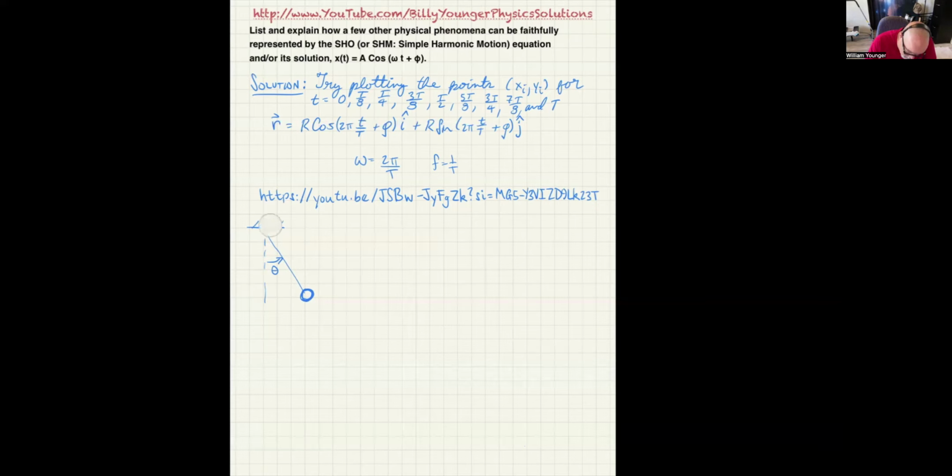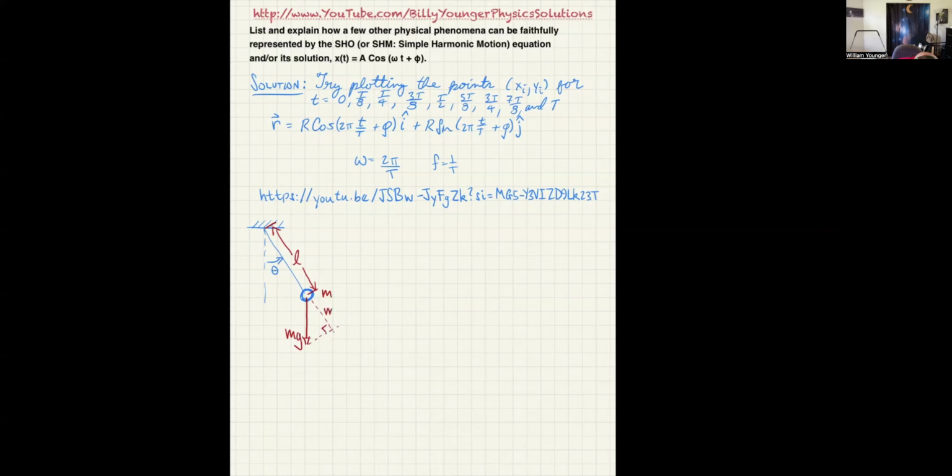And in fact, we're going to say that the distance from the center of the ball to the center of rotation of the pendulum is a distance L. We're going to say the ball has a mass M, and therefore it has acting on it a force mg, and that can be broken up into a force that is parallel to the string and a force that is perpendicular to the string.